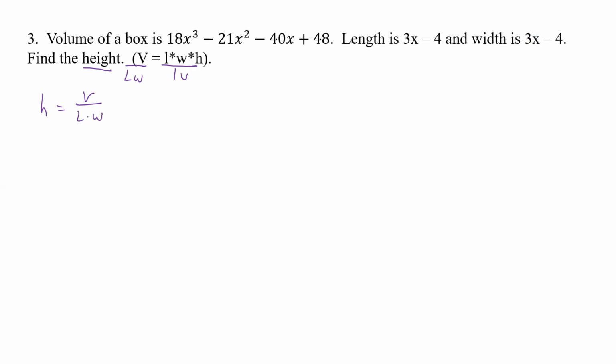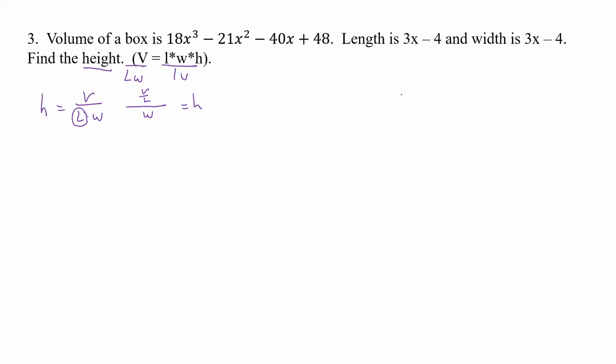Doesn't really matter, but if we want to do this as synthetic division, we're going to have to do it in pieces. We'll have to do it first with the length, get a value, and then whatever that new one is, the V over L, then we're going to take that divided by W, and then our final answer is going to be our height. So we're going to have to do two steps, two divisions here, okay?